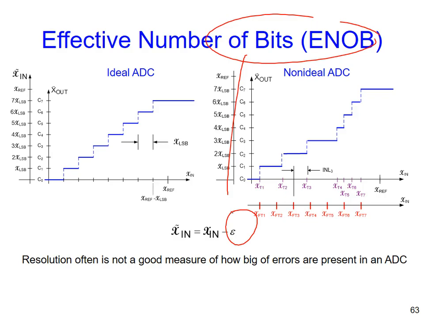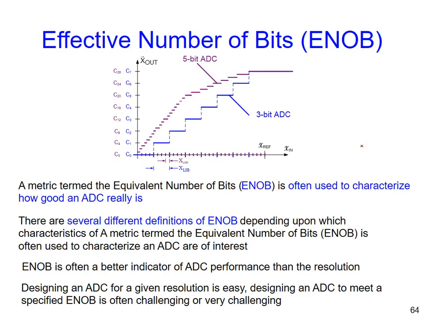And it means the effective number of bits will be reduced. That's it. Okay, so ENOB usually is the most important parameter for you to decide the value of the ADC, how good the ADC is.